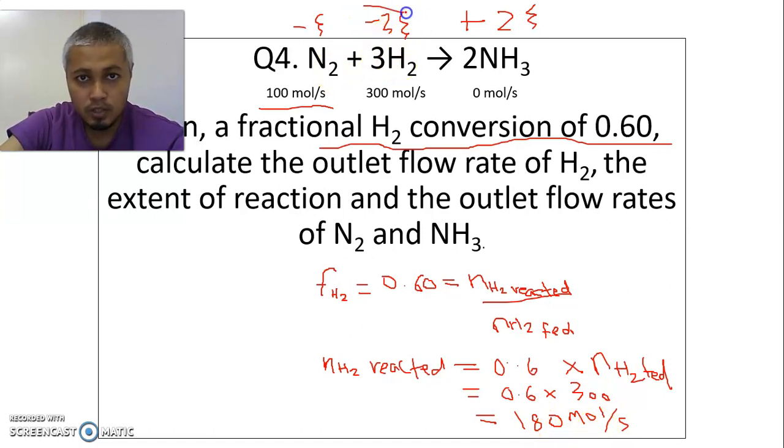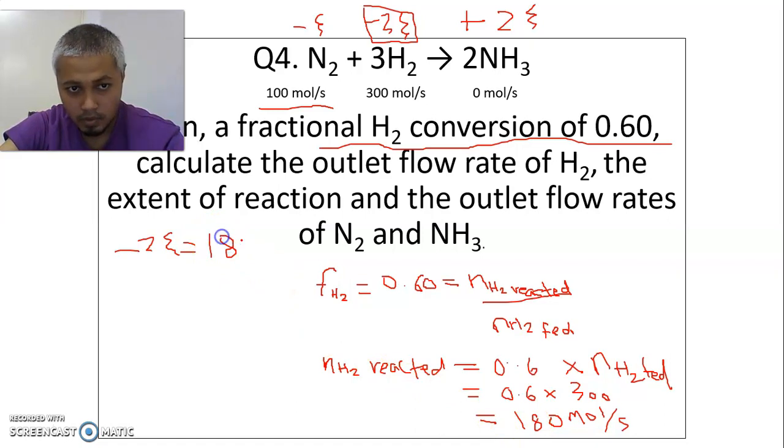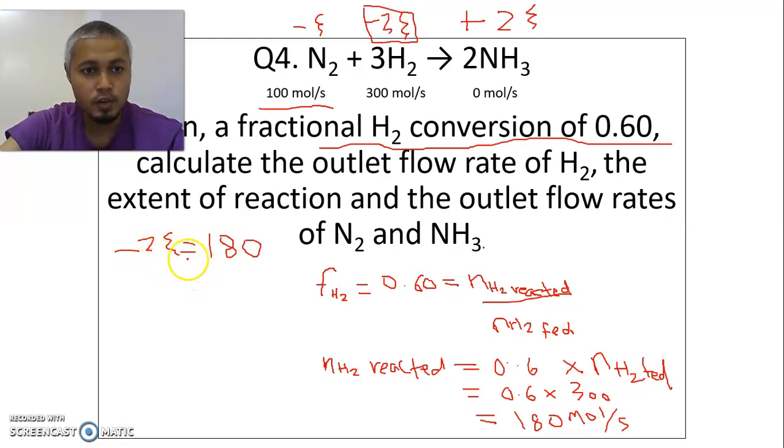So we can use this extent of reaction, which is minus 3 epsilon for H2 equals minus 180. Like I said just now, epsilon is what happened during the reaction, the intermediate value. Before we get the final value, we have the initial value, right? So the extent of reaction is the intermediate value.